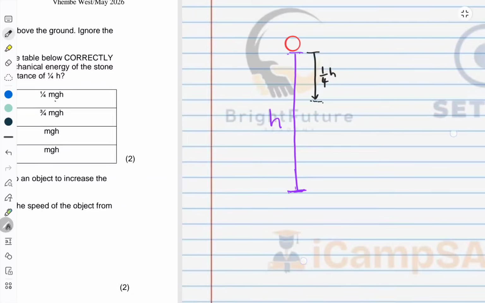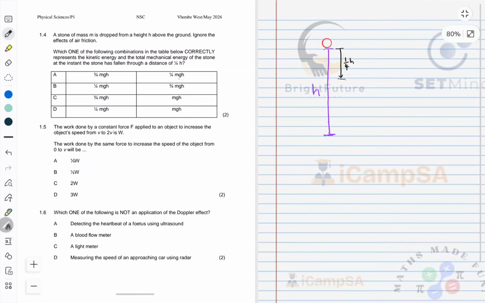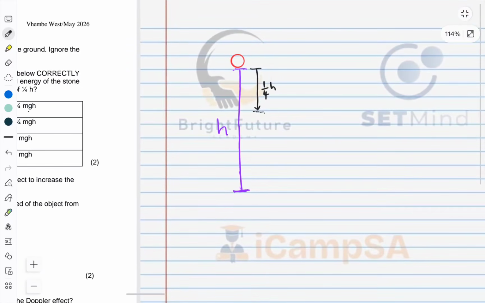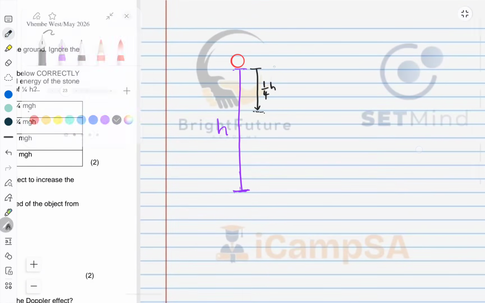Okay, so now we know the mechanical energy. Let's call this point A, let's call this point B, right?